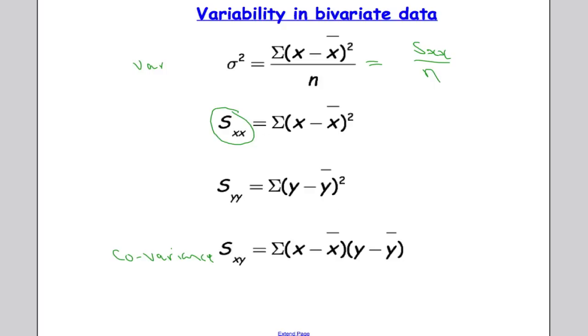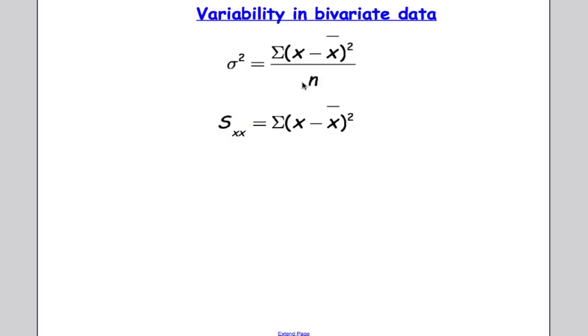Now, these are all given in the formula book, but we can simplify them, and this is also given in the formula book. If I know that sigma squared is given by this, that implies that n times sigma squared equals the sum of (x minus x bar) squared. In other words, Sxx is given by n times sigma squared.